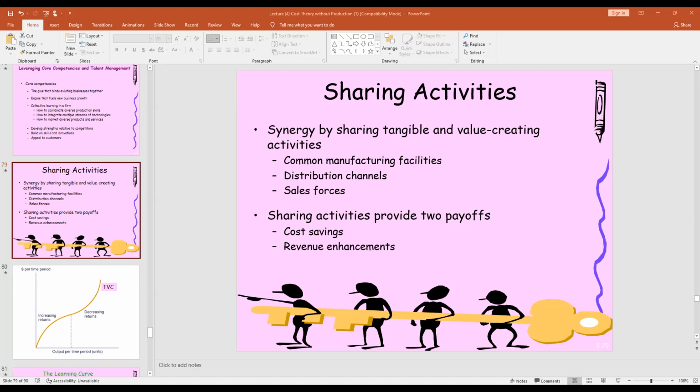Economies of scope is when you use the same base for many activities, for production. So, other group example. Who is the other group?